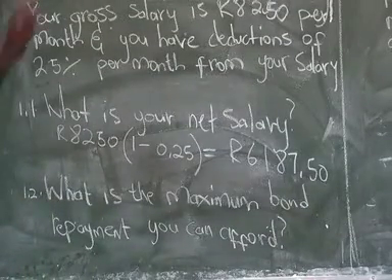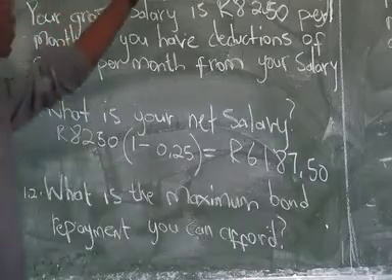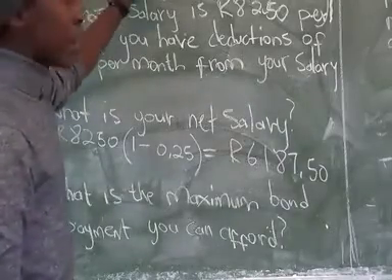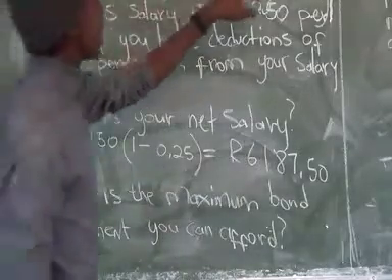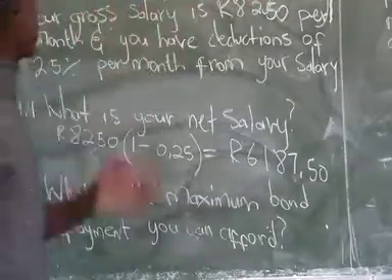Moving to the next question, it says, what is the maximum bond repayment you can afford? We have the information that the bank will only allow bond repayments that are not greater than 30% of your net salary.